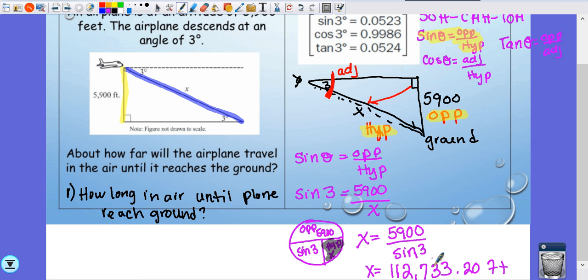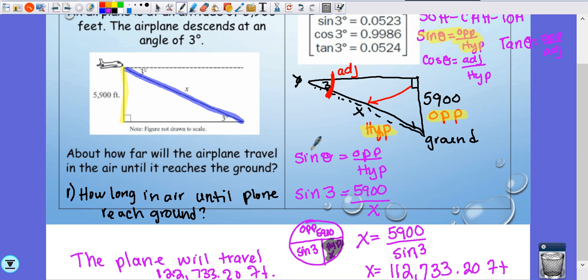So that's how far the plane will travel until it reaches the ground. It's going to travel that many feet until it reaches the ground. All right, and you will write your statement. And then we're finished.